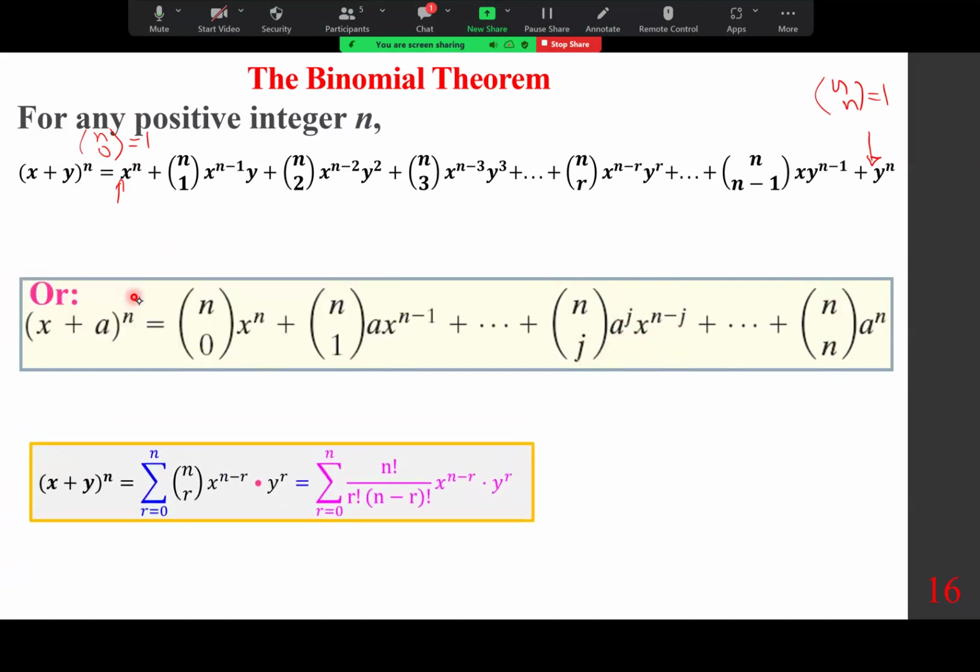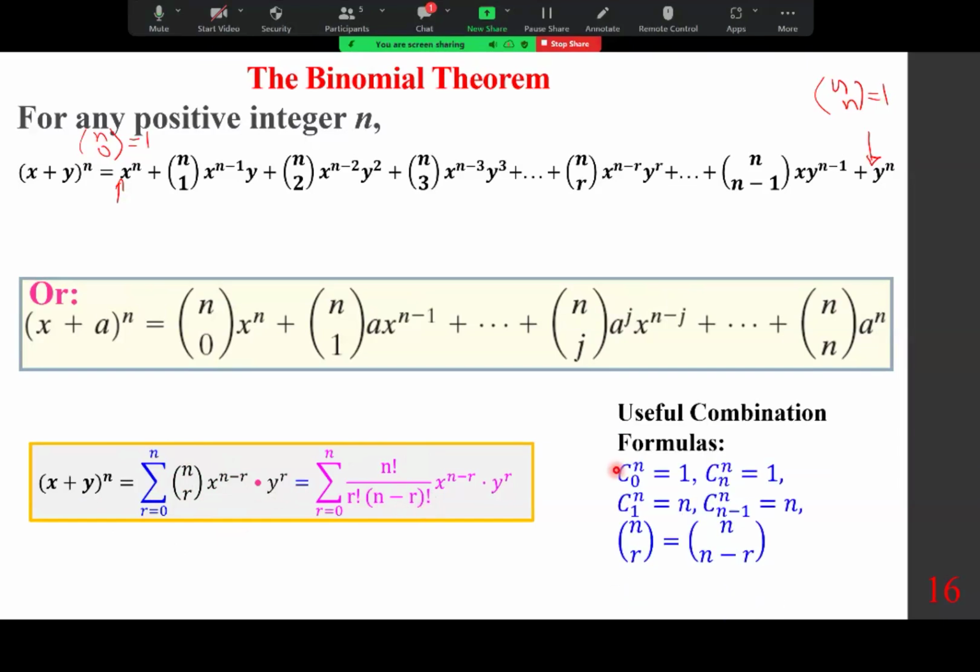So (x plus y) to the power of n has this format: summation from r equals 0 to n of n choose r, x to the power of n minus r, y to the power of r. And n choose r has this format: n factorial over r factorial times n minus r factorial.